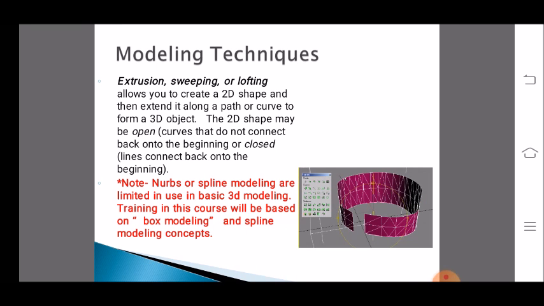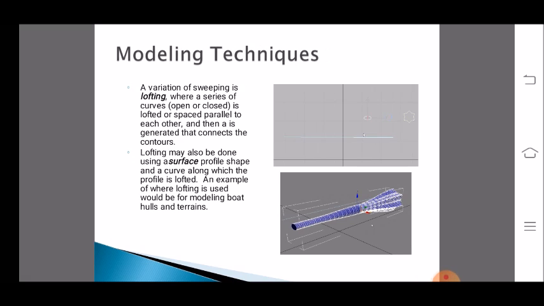The surface can be generated in terms of extrusion, sweeping or lofting. By generating surfaces, we'll be able to develop a product. The modeling approaches help us to profile different components.